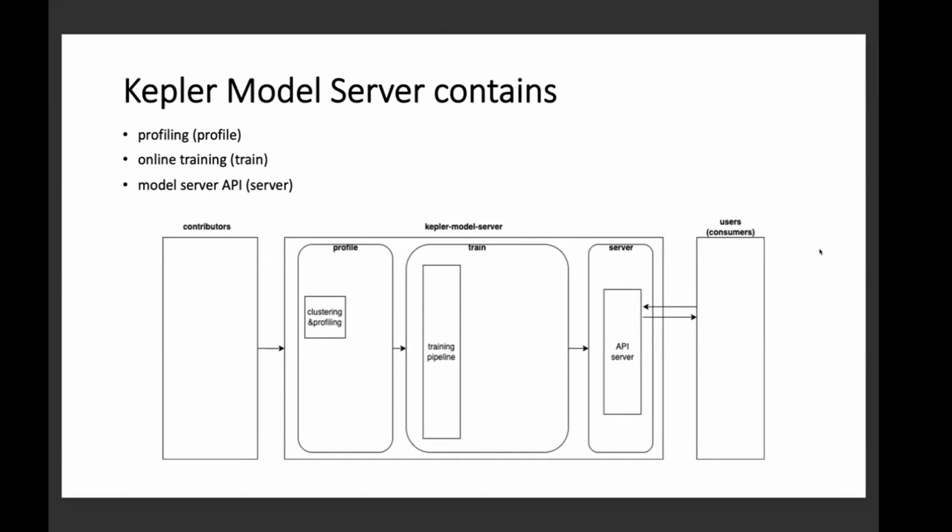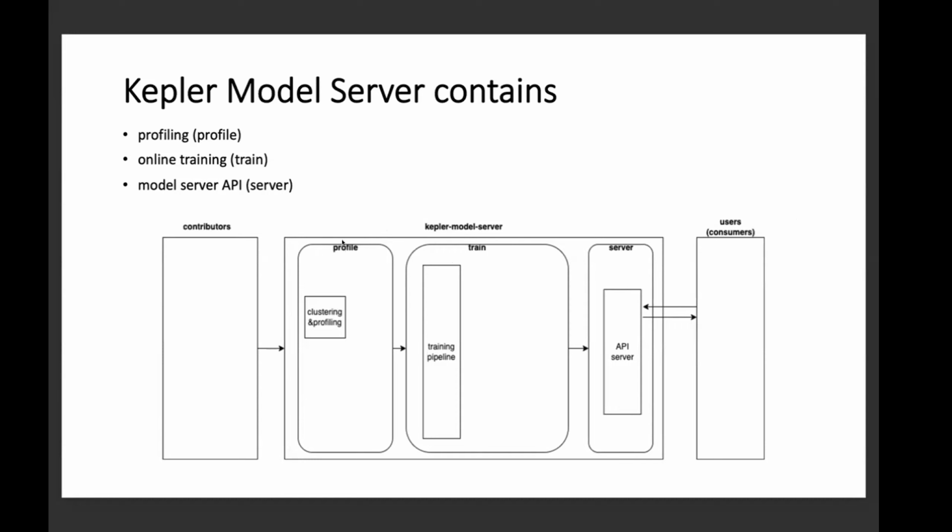Okay, this is the whole flow of where the data comes in and what model comes out. Because we have many kinds of servers, we would like to have the model server provide models for any possible platform. So we expect a lot of input from the contributors, but we cannot have a model for each combination or possibility.